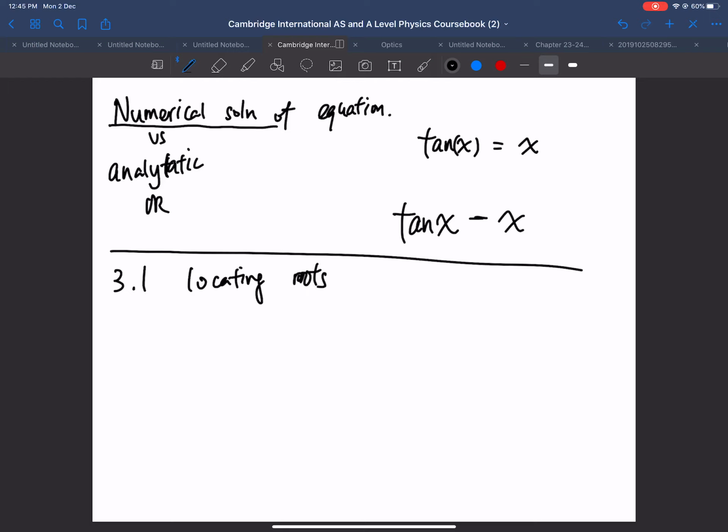To locate the root, we have one theorem. It applies to a continuous function. Do you know what is meant by continuous?